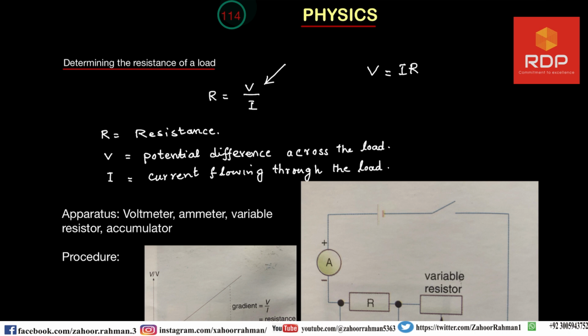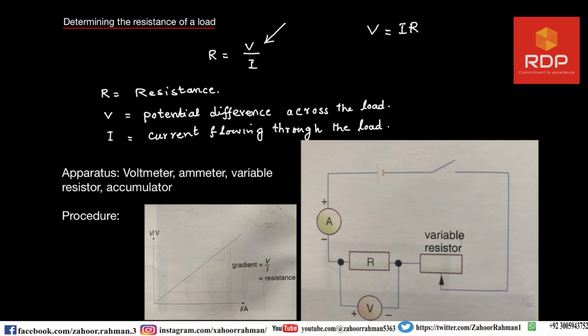Now, to determine the resistance of a resistor using a voltmeter and ammeter, we have to set up the apparatus according to the given circuit in the diagram shown on your screen on the right side. Remember that in this case the resistance must be a low resistance. Now, what apparatus do we need?